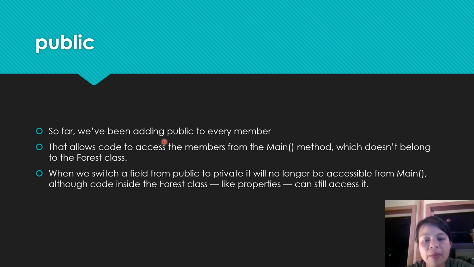So far I've been adding public to every member. This allows code to access the members from the main method, which doesn't belong in the forest class. When we switch a field from public to private, it will no longer be accessible from main. Code inside the forest class, like the properties, can still access it, but from main you will no longer be able to.